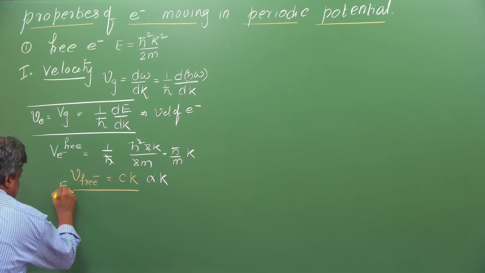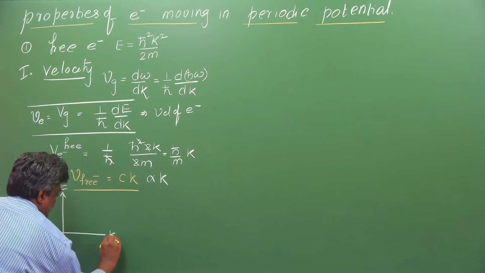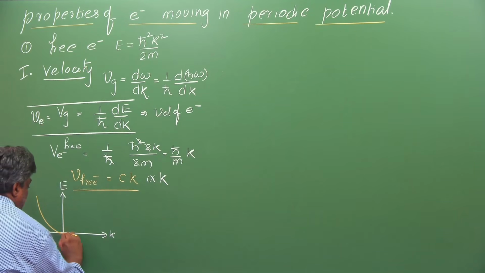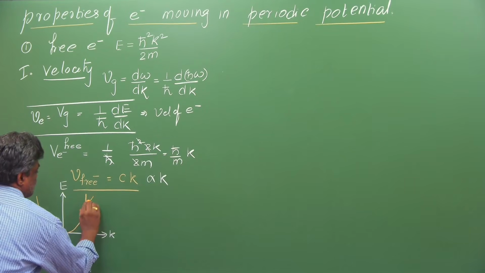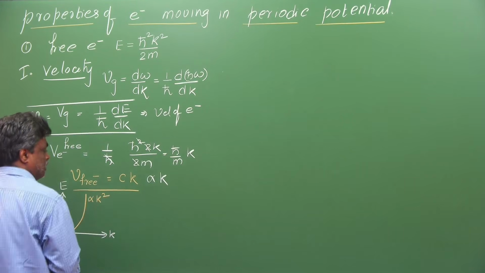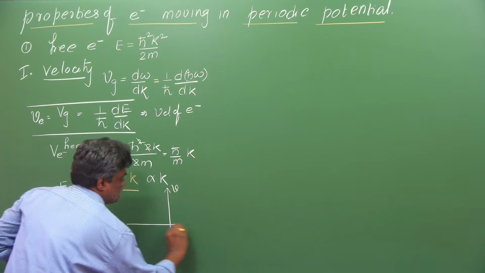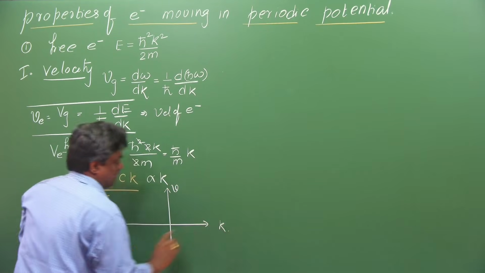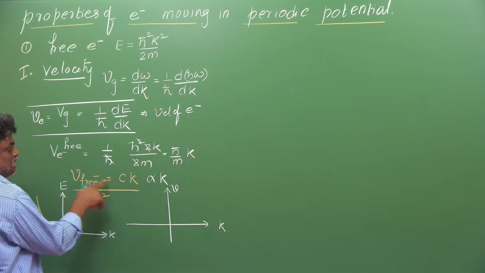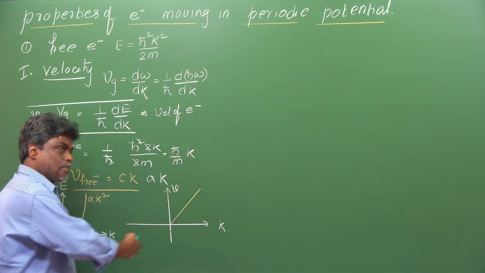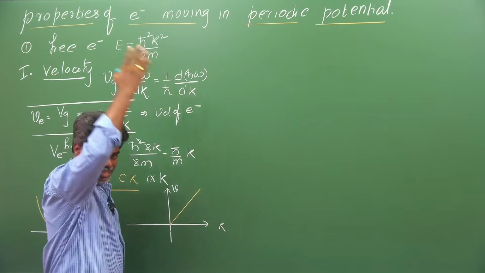So now let us see. This is the energy versus K of a free particle. Is it a parabola? So this is proportional to K square. Now I am taking the velocity of the free electron. This is the K value. Velocity is proportional to K. What is it? Straight line. It keeps on increasing. Where is it going? Infinite.